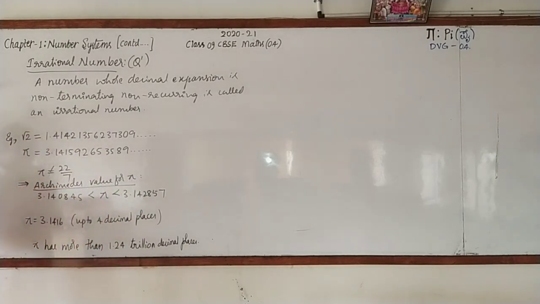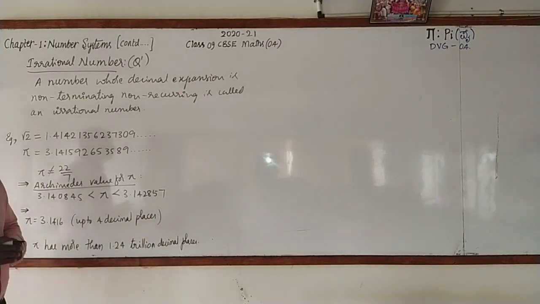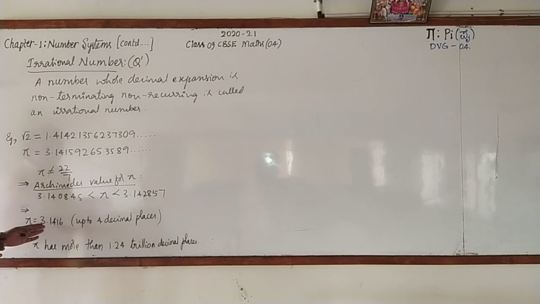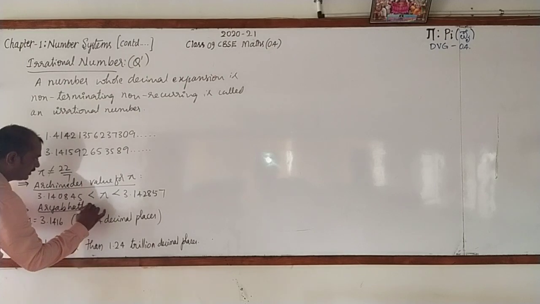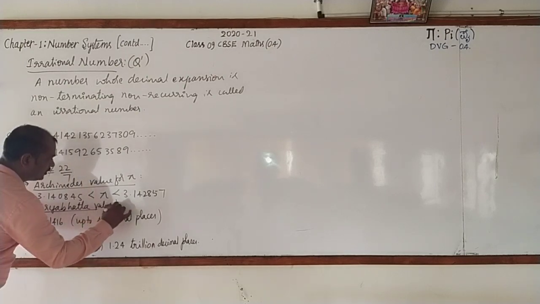Next, another Indian mathematician has given the value of pi up to 4 decimal places, that is pi equal to 3.1416. Got it? It was given by the Indian mathematician Aryabhatta. Aryabhatta's value for pi.